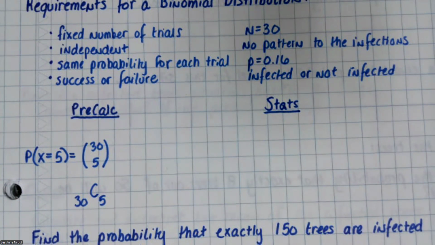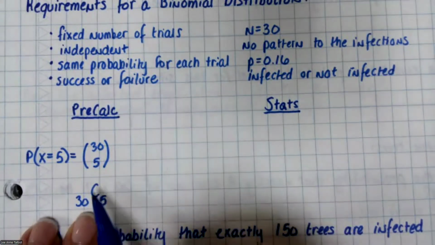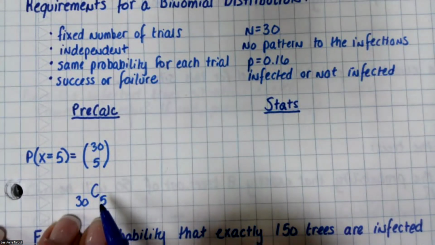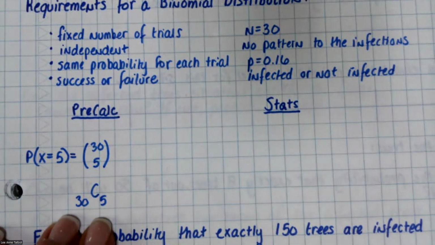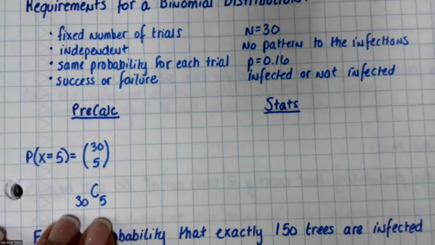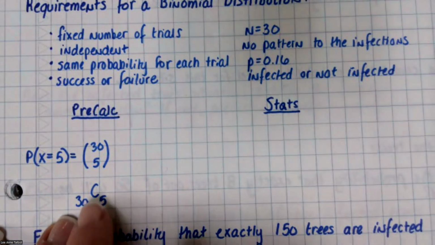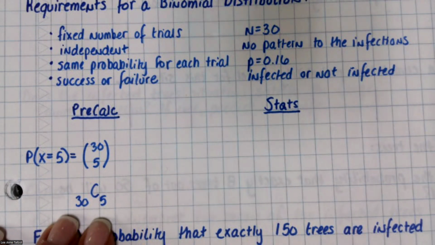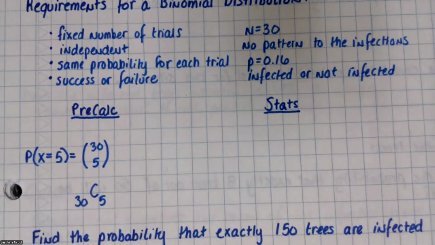Now thinking about the tree diagram, this is really important. The 30C5 would give us, please listen, this is hard, how many branches at the end of that tree would have exactly 5 infected trees. So this tree is yes, no. Yes, no, yes, no. Can you picture it?